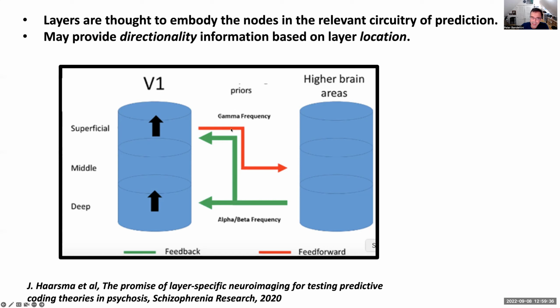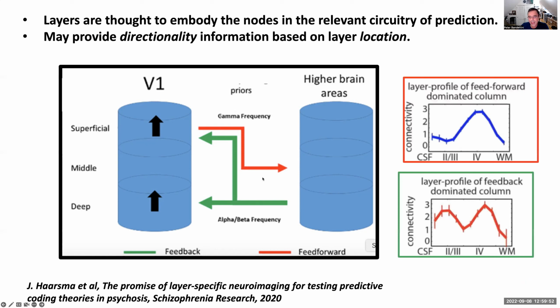Also, what's interesting, which is still not completely established, is that these seem to have very specific frequency contents, whereas gamma frequencies might be the feedforward, alpha and beta frequencies might be feedback.